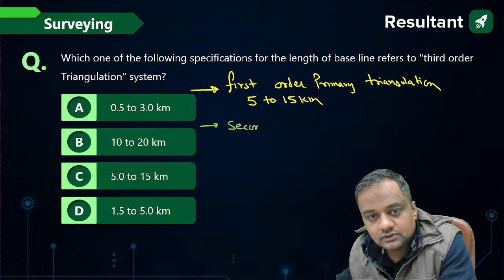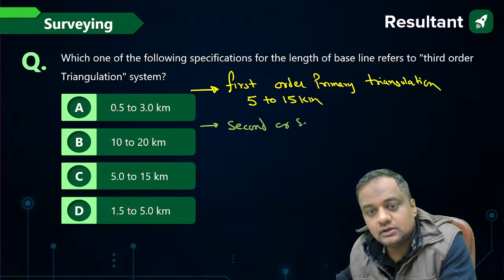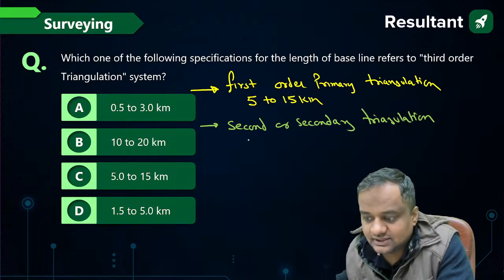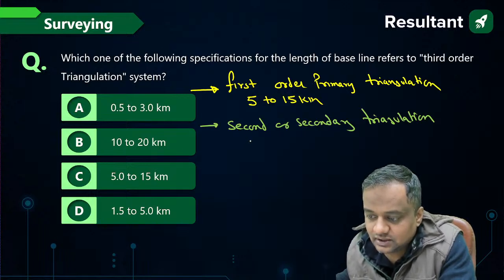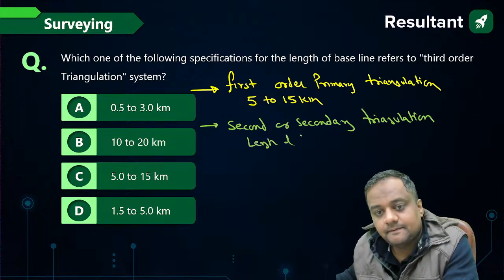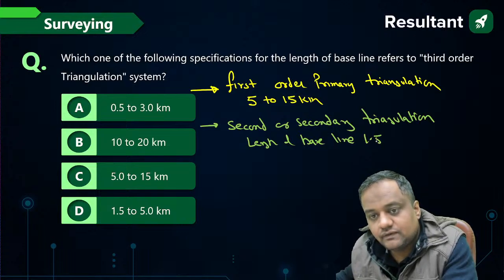Second order, or secondary triangulation, I don't know which they will ask in the exam, but it has been asked in a couple of exams in the last few years. Here the length of baseline is 1.5 to 5 kilometers.